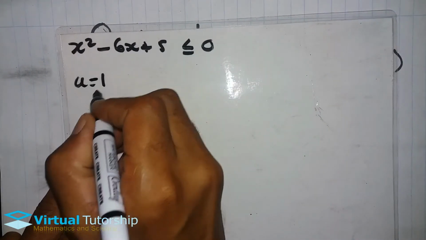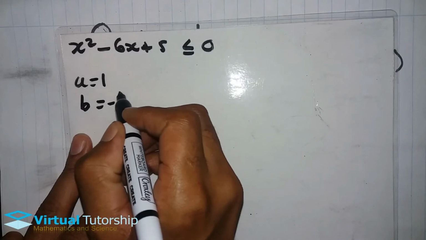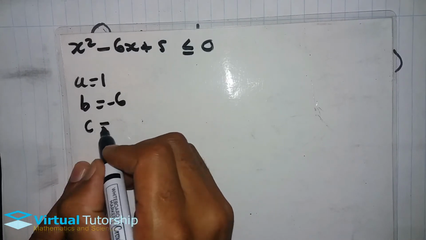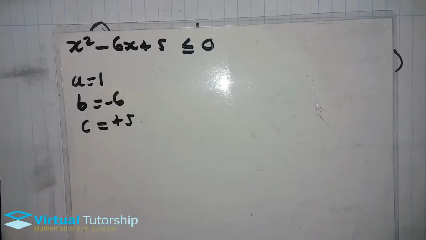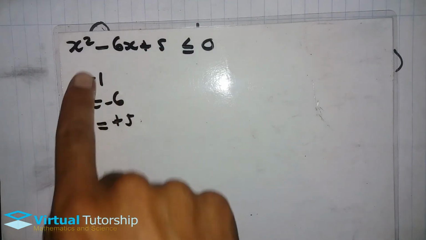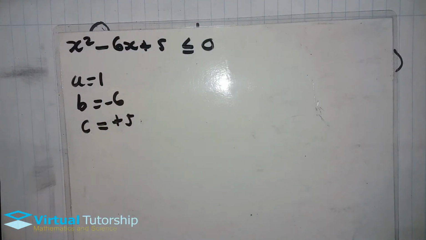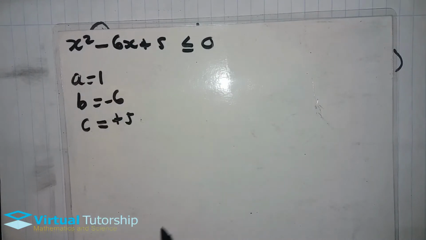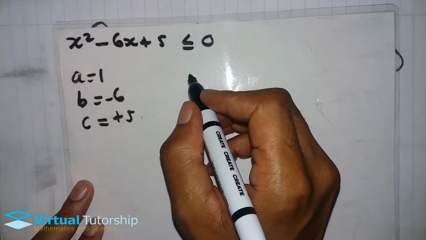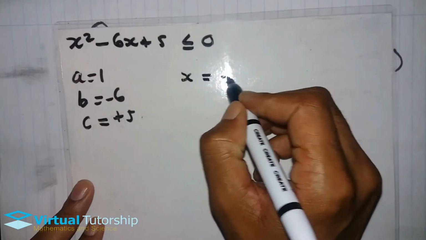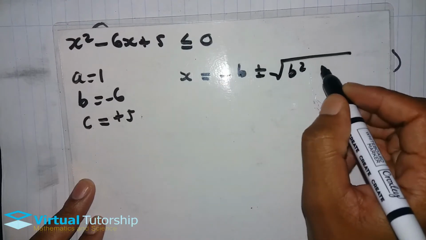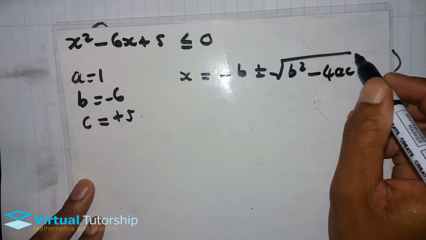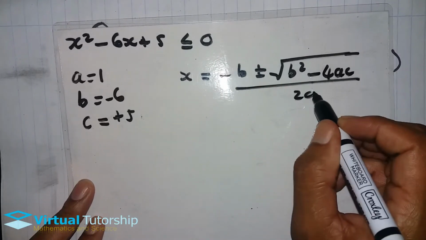So a is 1, b is minus 6, c is plus 5, because you can use the quadratic formula and also the factoring method. Here I applied the factoring method, but I want to show you that there are other options you can use. So x is equal to minus b plus or minus the square root of b squared minus 4ac, over 2a.